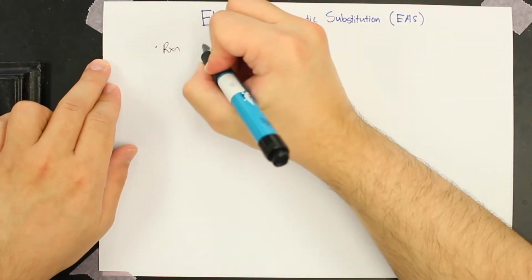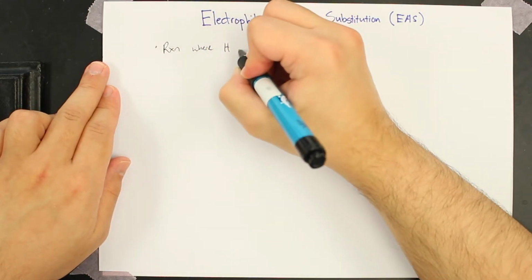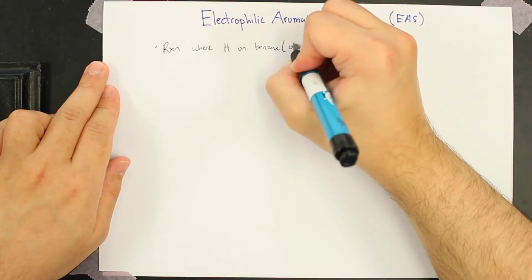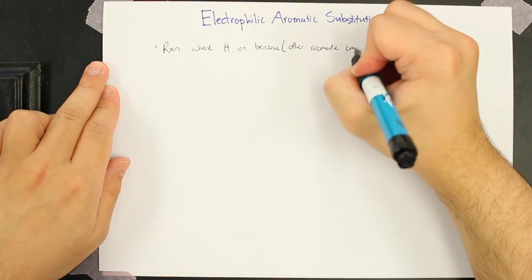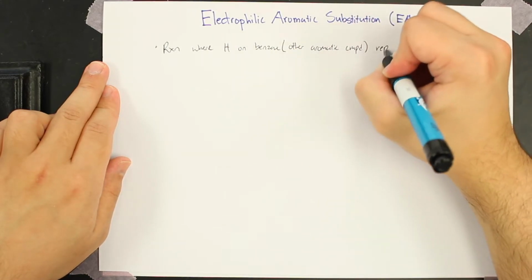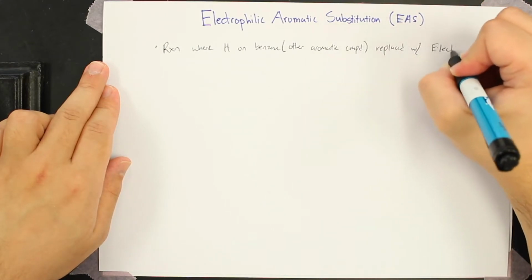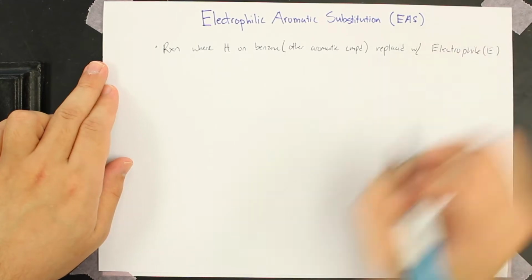An EAS reaction is a reaction where a hydrogen on a benzene ring, or it could be another aromatic compound, is replaced with an electrophile, which we call E in a general sense.